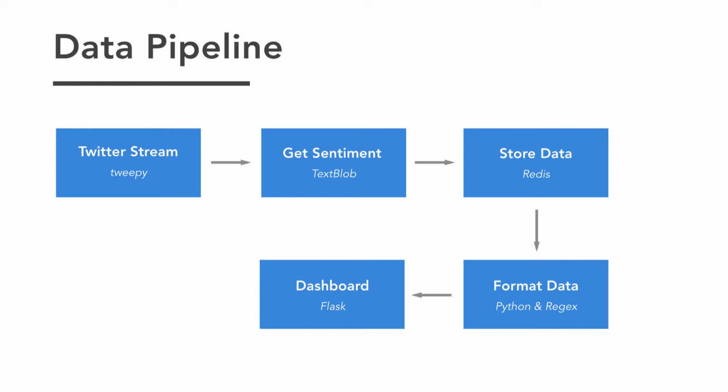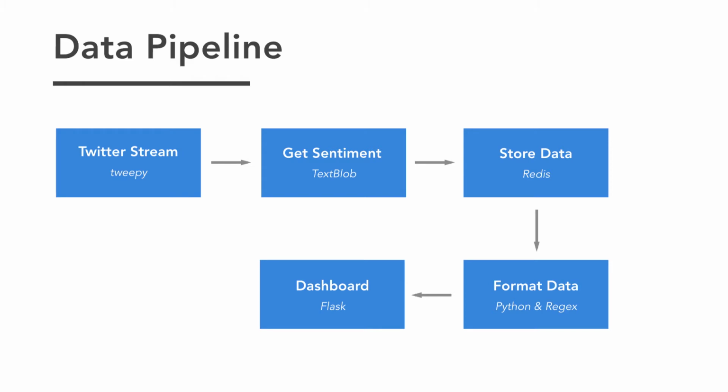The Python Tweepy package allows us to easily connect to the API without worrying about too many of the internal configuration options. Each tweet has hundreds of fields, so we'll use Python to extract the relevant fields and TextBlob to generate a sentiment score. Each tweet will then be represented as a dictionary and stored in Redis via its list data structure.